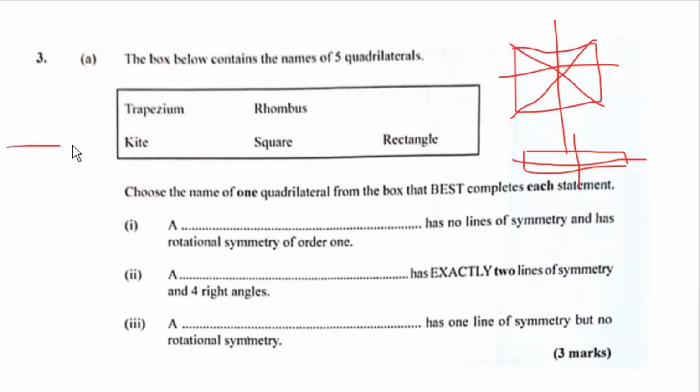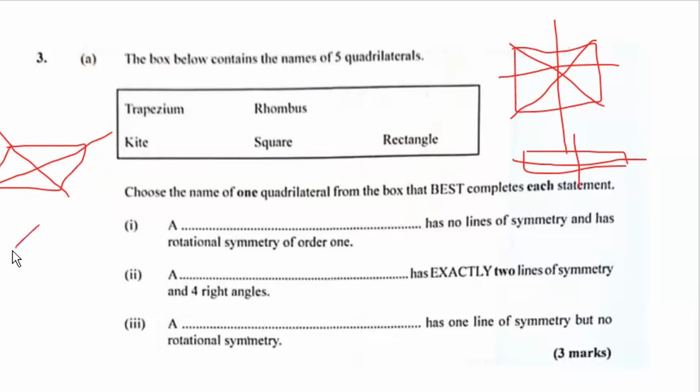I always say a rhombus is like a pushed out of shape square. We can cut it here and get 2 perfect halves, and we can cut it here and get 2 perfect halves. So therefore, we know so far that square is not our answer, rectangle is not our answer, rhombus is not our answer.